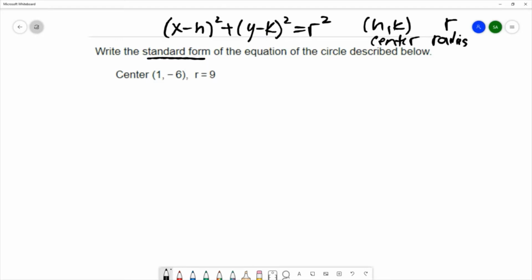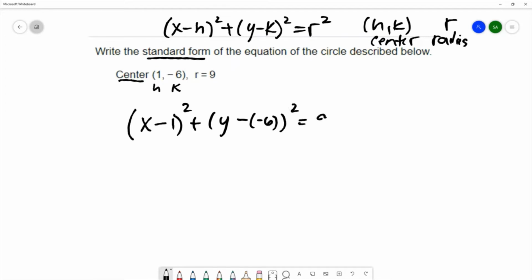And that's exactly what we were given. We were given the center, so we'll let h be 1 and k be -6, and r is given to be 9. So I'll substitute these values into the standard form and get (x minus 1) squared plus (y minus -6) squared equals 9 squared.